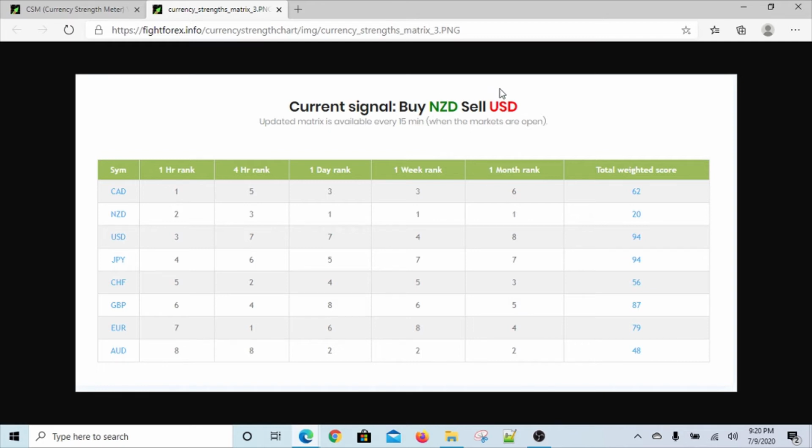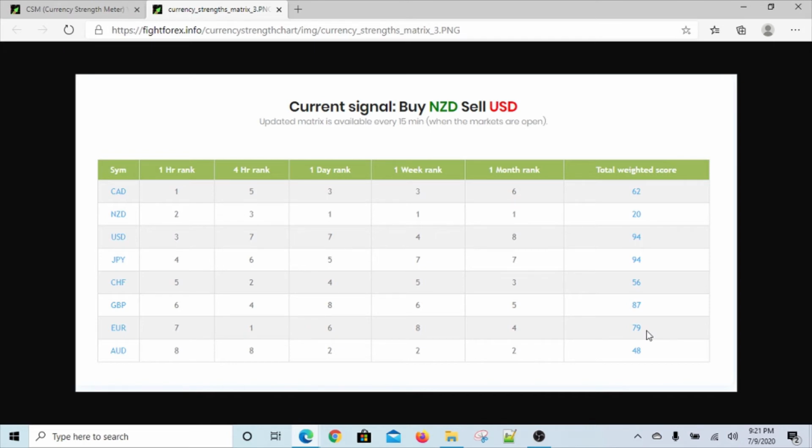That's why it's telling you that New Zealand and USD is the signal, a very high probability signal to open the trade, like buy New Zealand dollar and sell US dollar. You can see coincidentally Japanese yen has a similar rank, so it could have easily been New Zealand versus JPY. So buy NZD, sell JPY. In this case, the logic just picks the first one, I guess, so it's showing you that one.